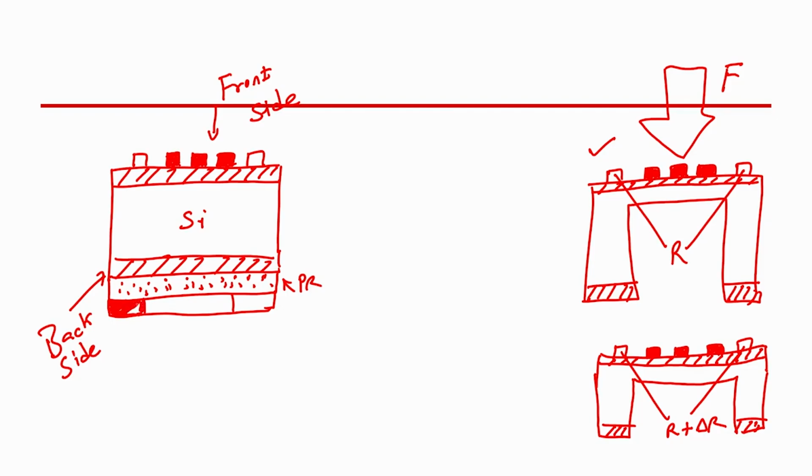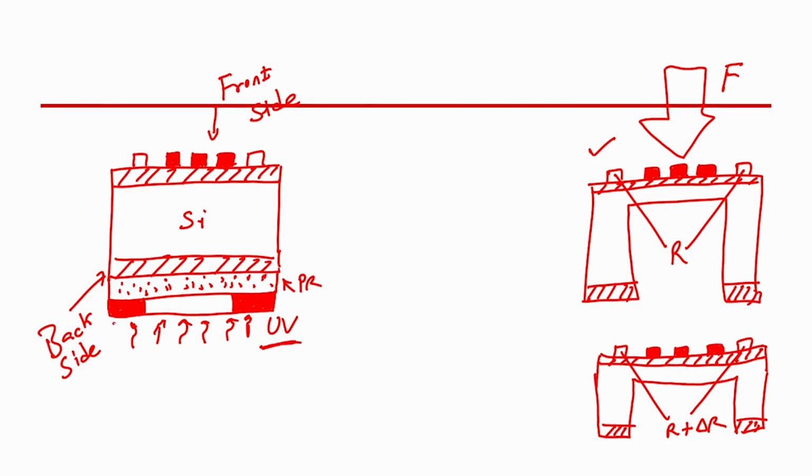I will show you some videos which will help you understand how front to back photolithography works, but right now just understand this particular process. After loading the mask, what I will do is expose this wafer with UV.